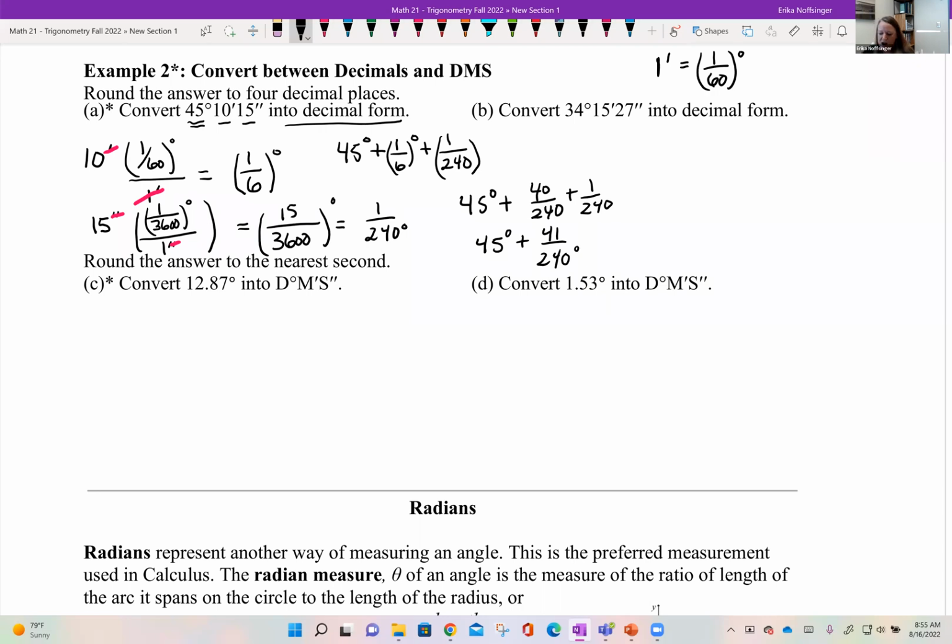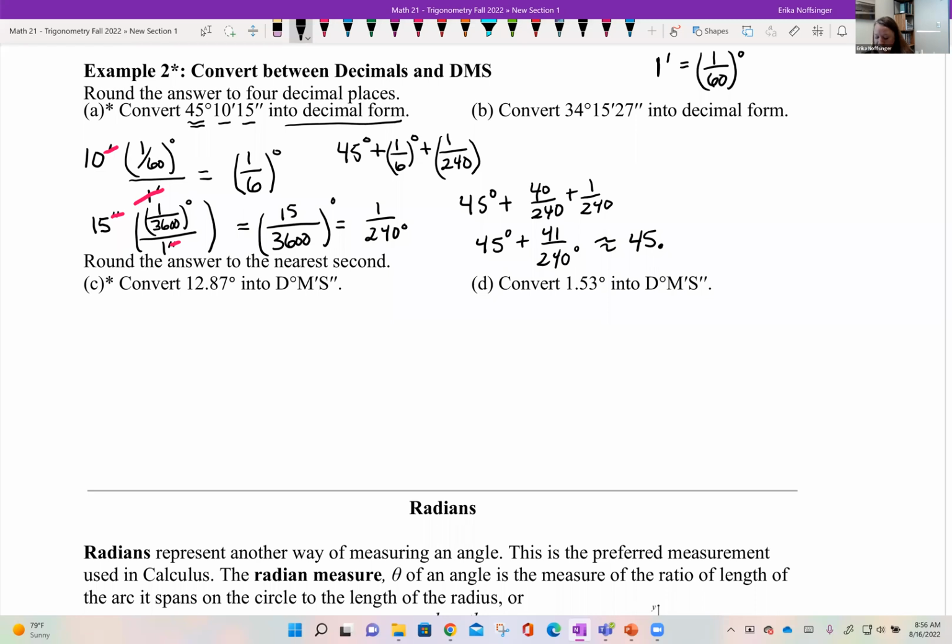And it wants us to round that into decimals. So taking 41 divided by 240, this is approximately 45 point, so 41/240 is 0.17083 with a bar over it.